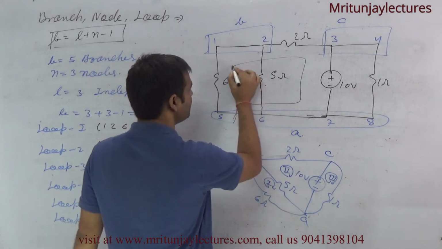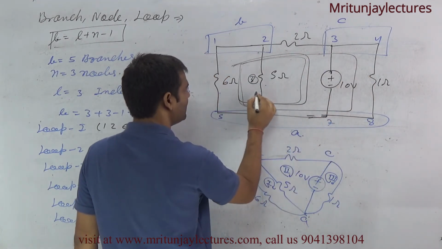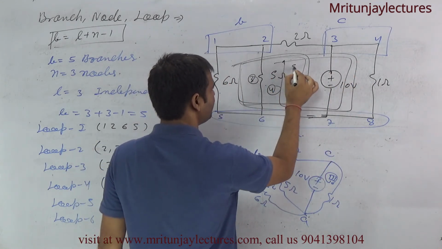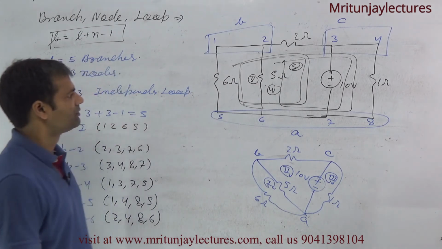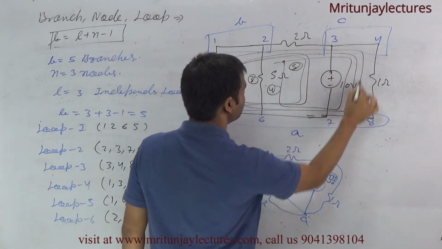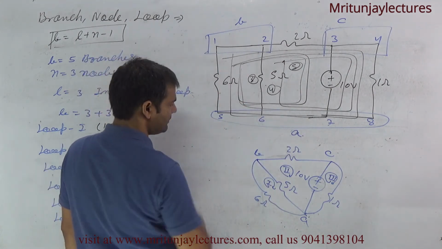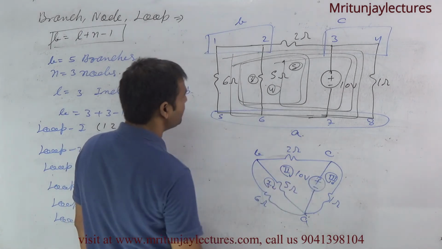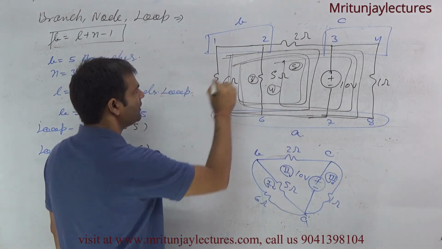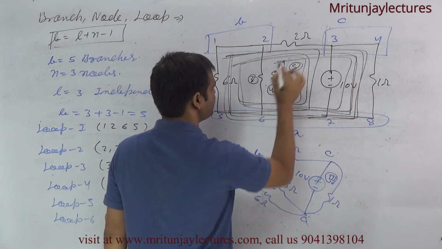This one is loop number 3, this one loop number 4, and this one loop number 5, and this one loop number 6. So loops 1, 2, 3, after that 4, 5, and 6.